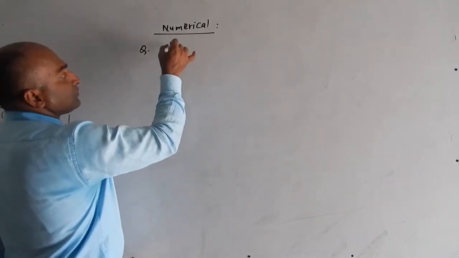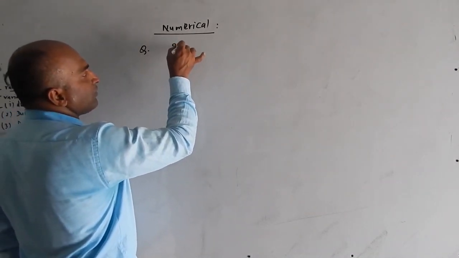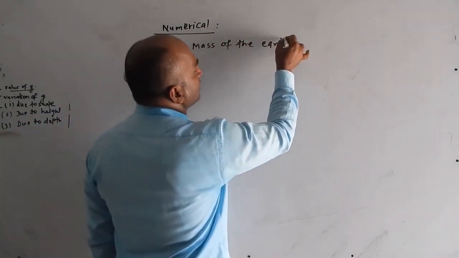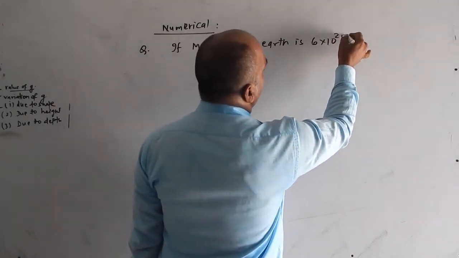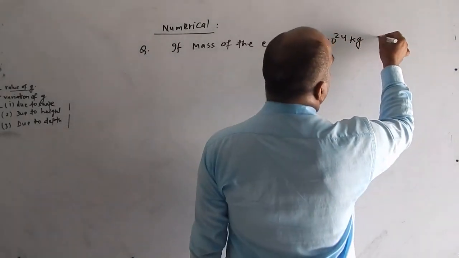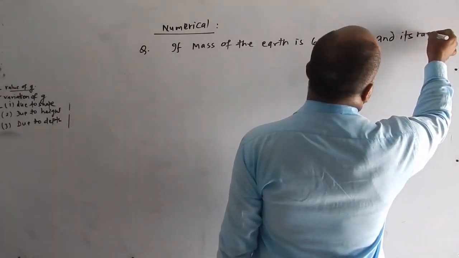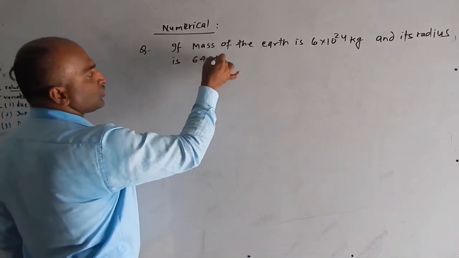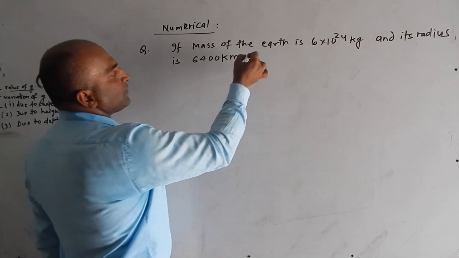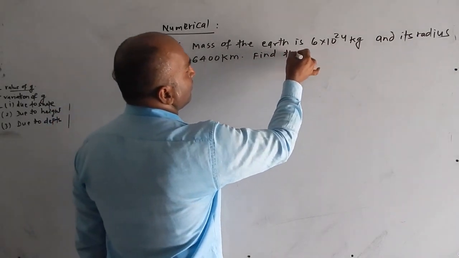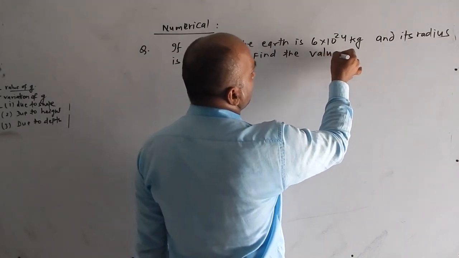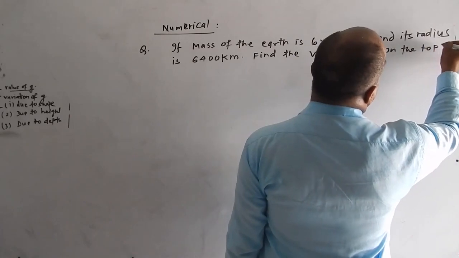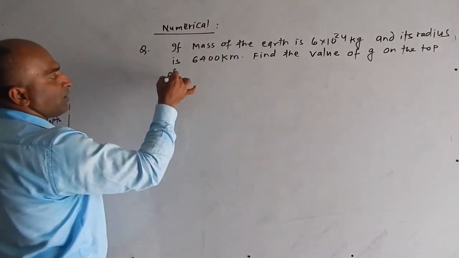Just like, if the mass of the earth is 6 into 10 power 24 kg and its radius is 6400 kilometer, find the value of acceleration due to gravity on the top of Mount Everest.